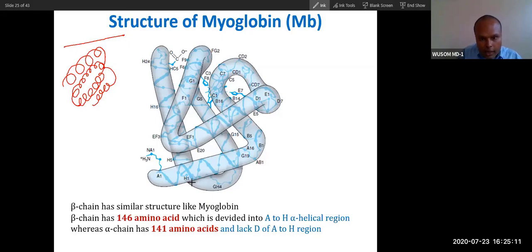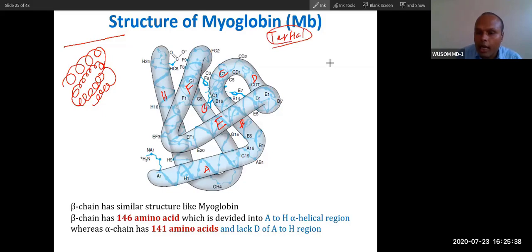Like that, it is folded in its own way. You can see the folding. So this is the A segment, this is the B segment of myoglobin, and this is the C segment. This is the D segment, this is the E segment, and this is the F segment. This is the G segment, and this is the H segment. So this is the structure of myoglobin, the protein folding of myoglobin, a tertiary structure.